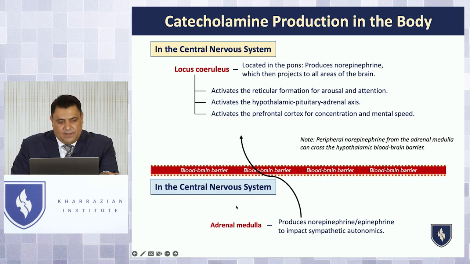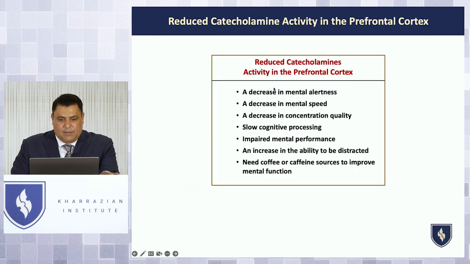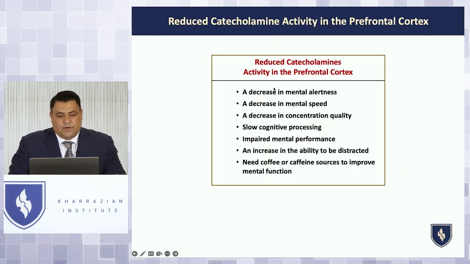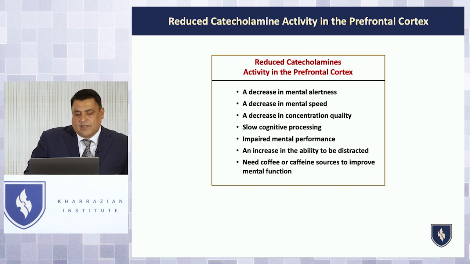But then catecholamines are also produced by the adrenal medulla. So urinary epinephrine, norepinephrine is really adrenal function. The levels don't reflect levels happening in the brain. And if people's catecholamine activity is depressed, and those projections to the frontal lobe are not functioning, they get depression, but they also have depression with mental alertness, speed issues, cognitive issues, and so forth.